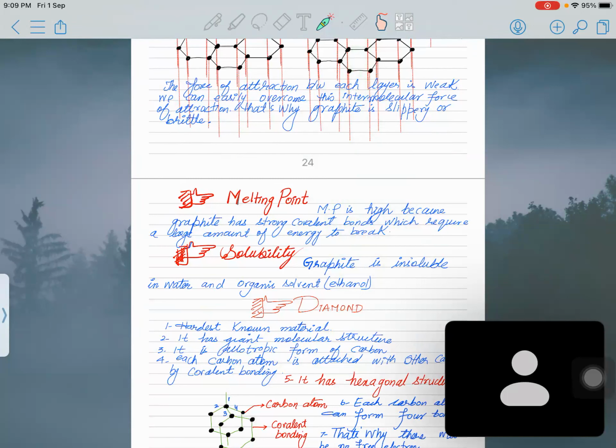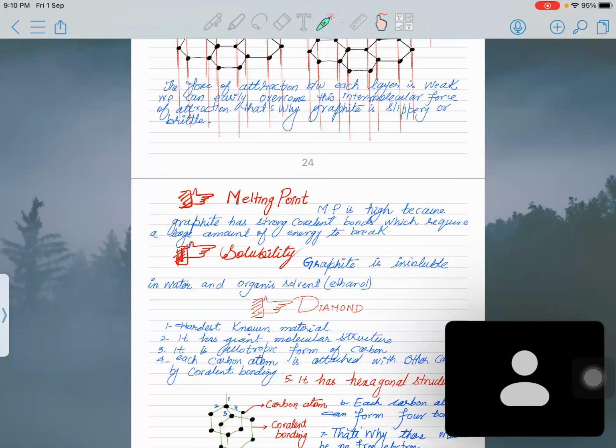Very good. Do you know what sublimation is? It is the conversion from solid to gas. Exactly. Which one sublimes, graphite or diamond? Both can sublime, right?